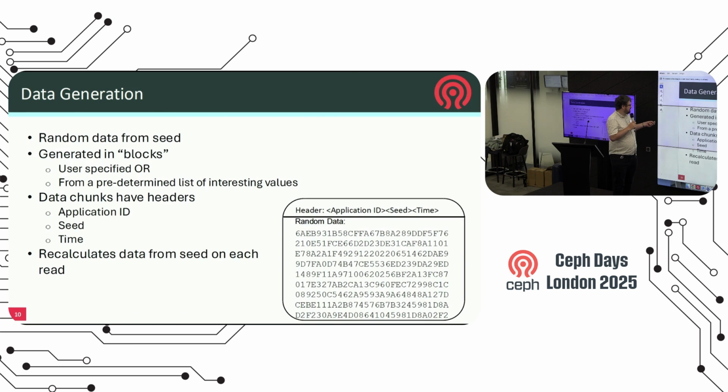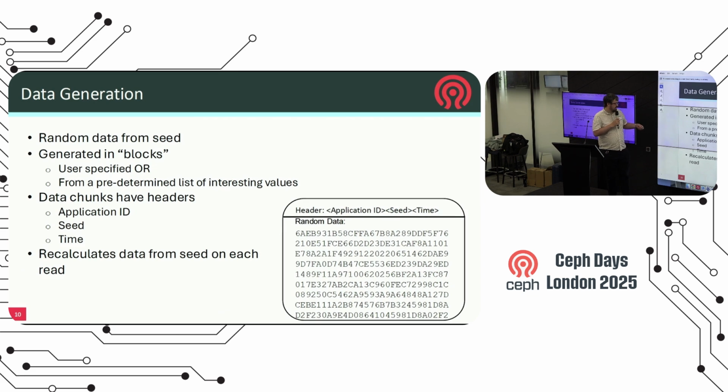In terms of data generation, we generate data in blocks. These blocks could be something that you specify as a user, or they might come from a predetermined list of interesting values. These could be based on a divisor of the chunk size, or explicitly not a divisor of the chunk size, just to give you some interesting coverage of overlapping shard boundaries and having missing shards and things.